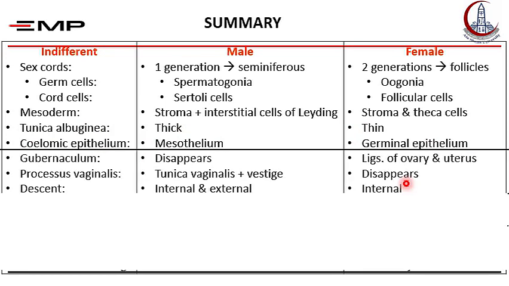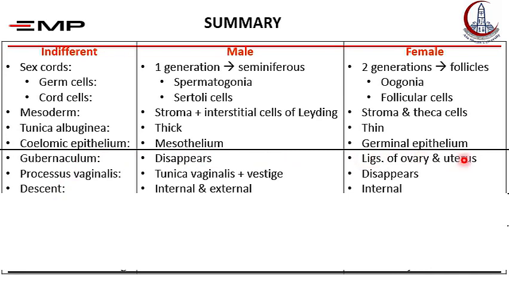Regarding descent of the gonad, we have a gubernaculum connecting the lower pole of the gonad, and we have the processus vaginalis making the inguinal canal, and two types of descent. The gubernaculum in the female becomes very small, or we may say disappears.